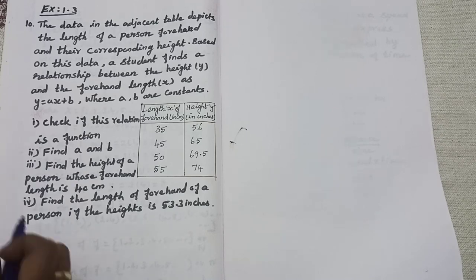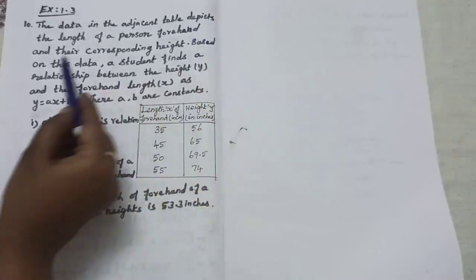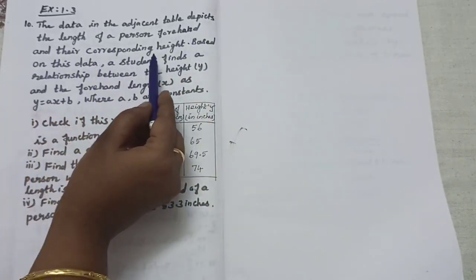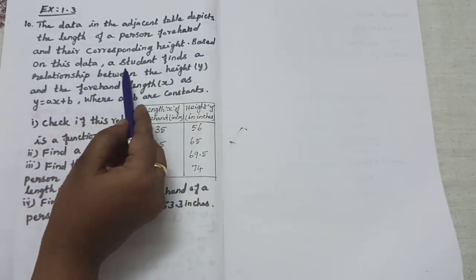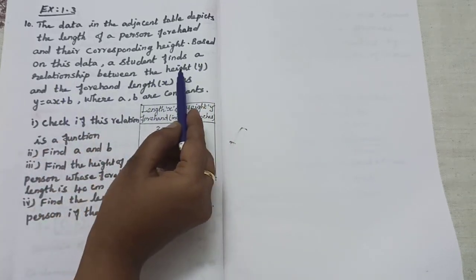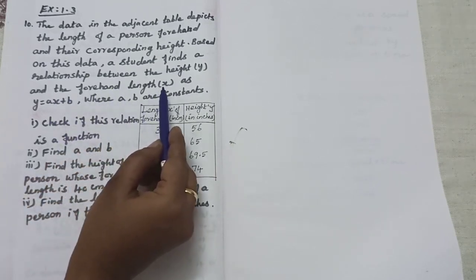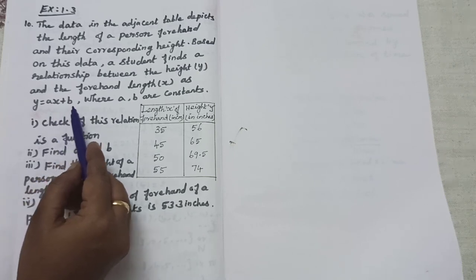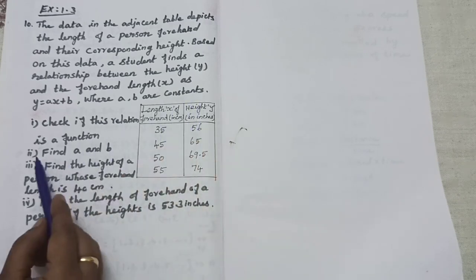Now let's see the 10th sum. The data in the adjacent table depicts the length of a person's forehand and their corresponding height. Based on this data, a student finds a relation between the height y and the forehand length x as y is equal to ax plus b, where a, b are constants.